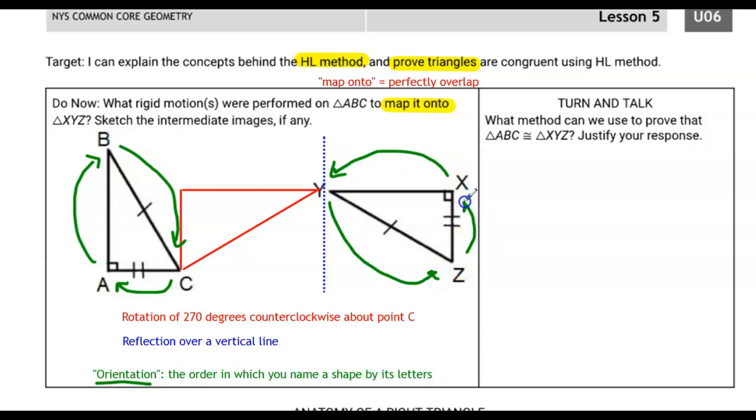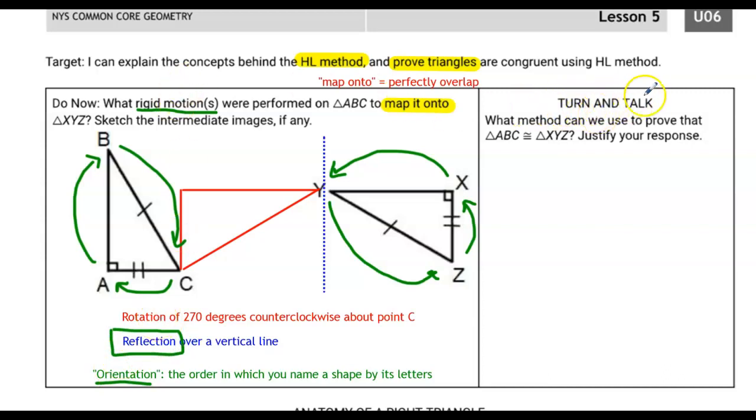It is a counterclockwise orientation, spinning around the opposite way that a clock would spin. So if I change orientation, the only rigid motion that requires a change of orientation is reflection. So you know that there has to be a reflection going on somewhere here. That's just a review of what you learned about in the transformations unit.